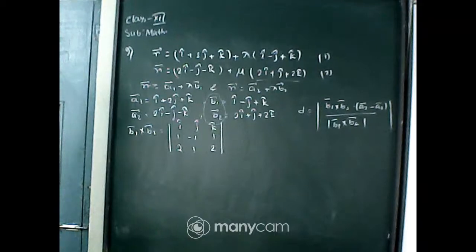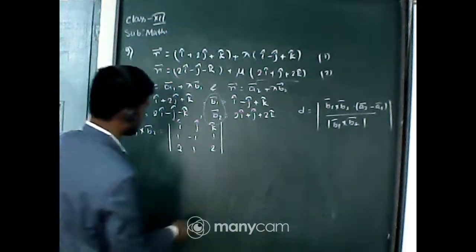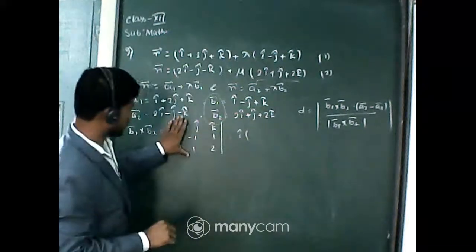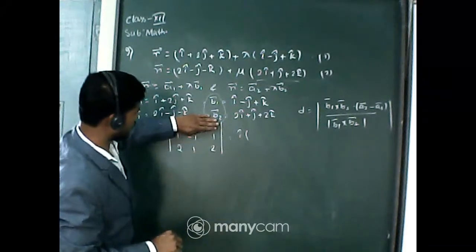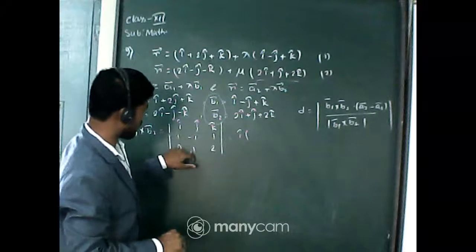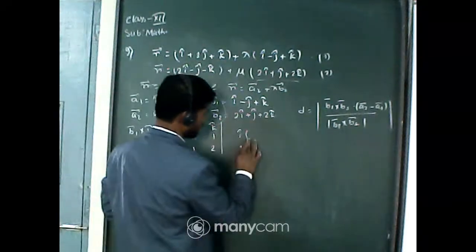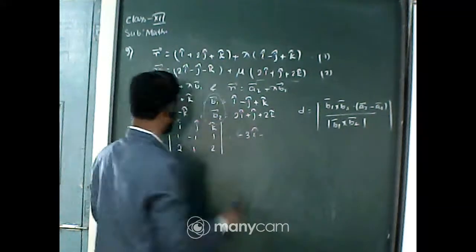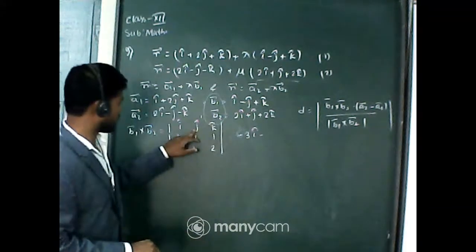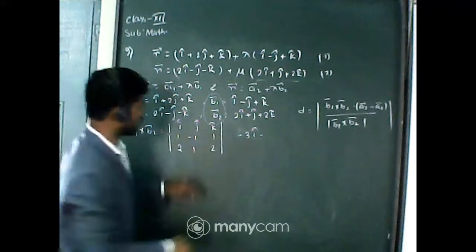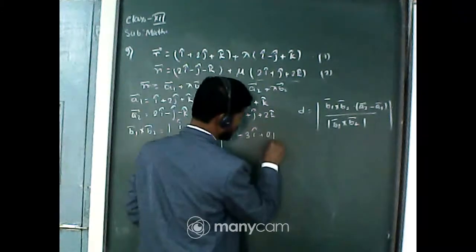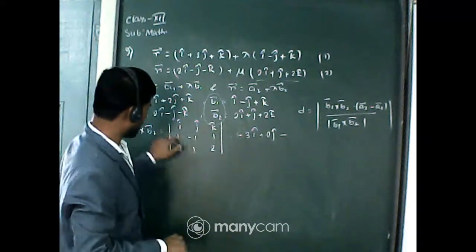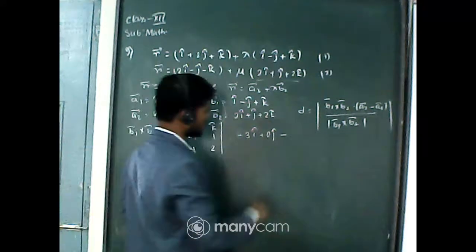Okay, so I'm expanding it. So i hat into, just cover this row and column: minus 2 minus 1, so minus 3, that is minus 3i. Plus j into 2 minus 2, that is 0, so 0j. Plus 1 minus 2, that is minus 1, so that is minus 3k, with the cofactor sign.